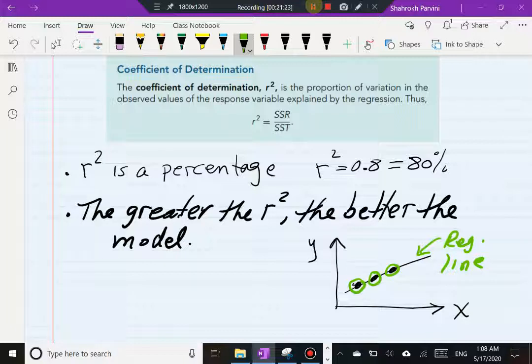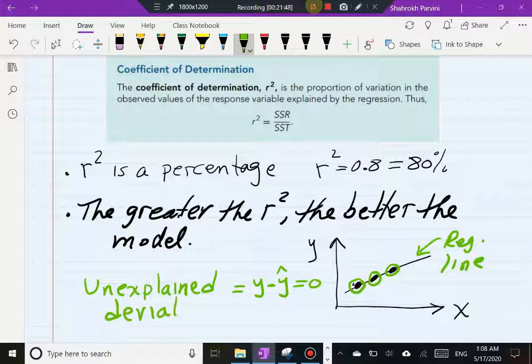So in this particular drawing, if you look at y minus y hat, that's going to be 0, isn't it? Y is the actual, y hat is predicted, y minus y hat is 0, and this was the unexplained deviation.